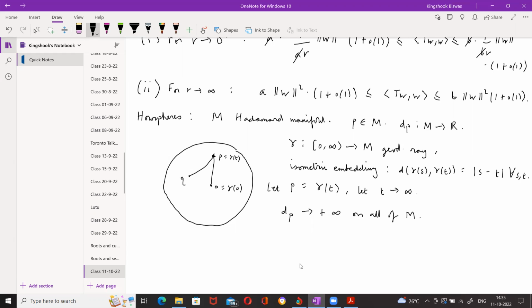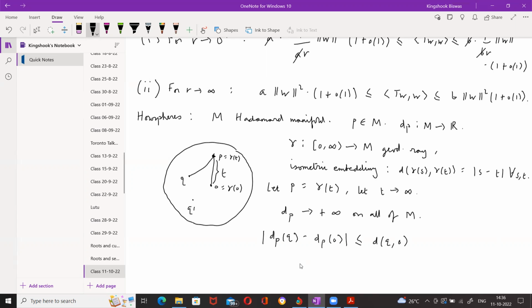No, dividing will not give you anything good because, look, if I take any two points, say Q and Q prime, then by the triangle inequality, the distance from P to Q minus the distance from P to O, this distance is t, is less than or equal to the distance from Q to O.